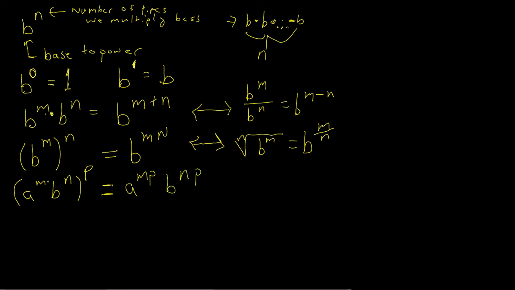Right, that P gets applied to each of those. And I need my inverse rule now. Whoops. Almost wanted to switch over to A's there. If something has a negative exponent, it pushes it to the other side of the fraction bar. So I'll write both examples. And these are the rules that we're going to be playing with here.